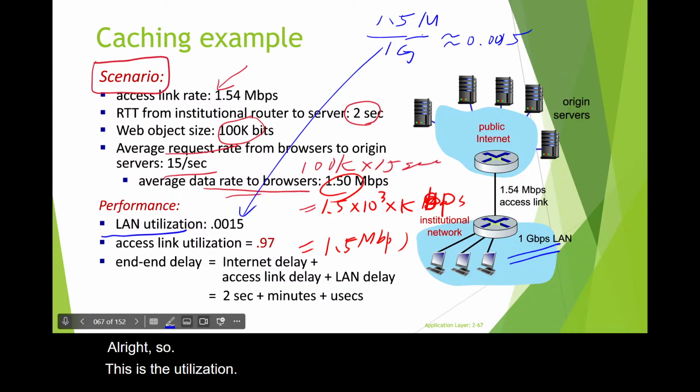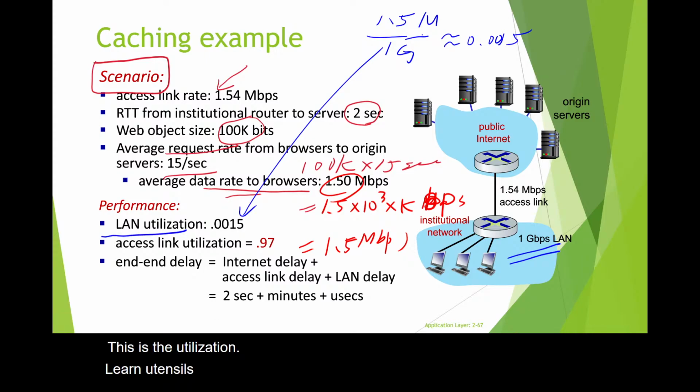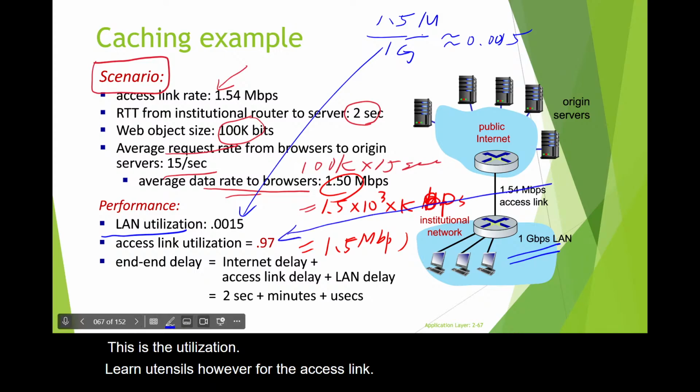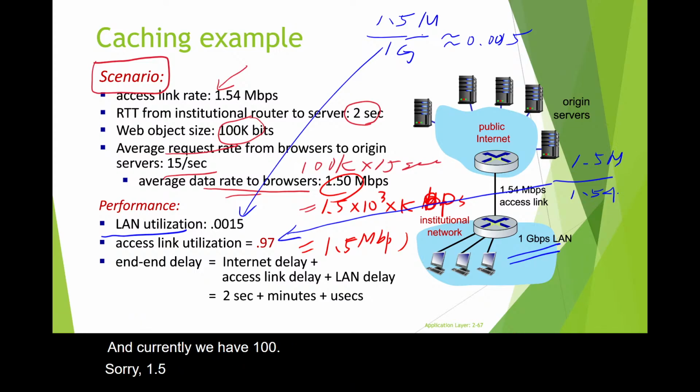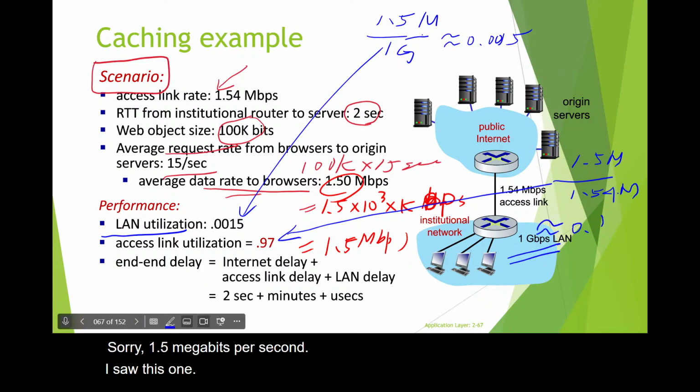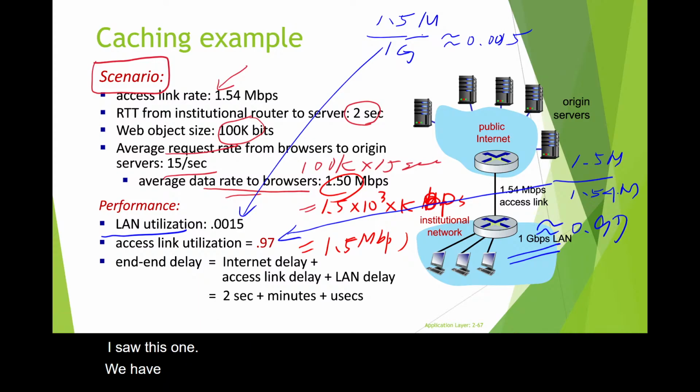This is the LAN utilization. However, for the access link, currently we have 1.5 megabits per second, and so the utilization is 0.97.